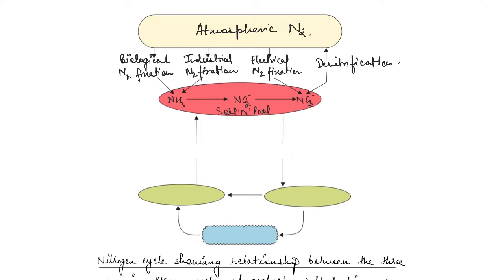Now this nitrate is taken up by the plants. So plants take up nitrogen in the form of nitrate, right? And then it goes to animals as well through plants. Now these plants and animals die at a point and they form the decaying biomass.